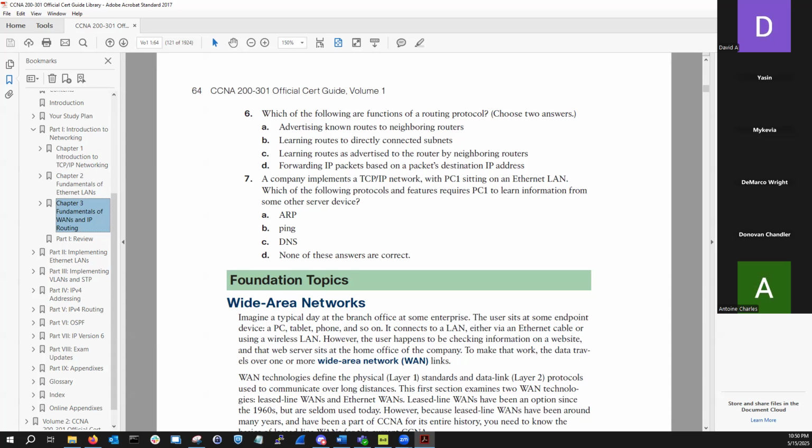Gary, what do you think? Definitely ARP is the Address Resolution Protocol, as well as C, which is the Domain Name System. Option B is just the tool we basically use. For ping to work, you need to have an ARP address.